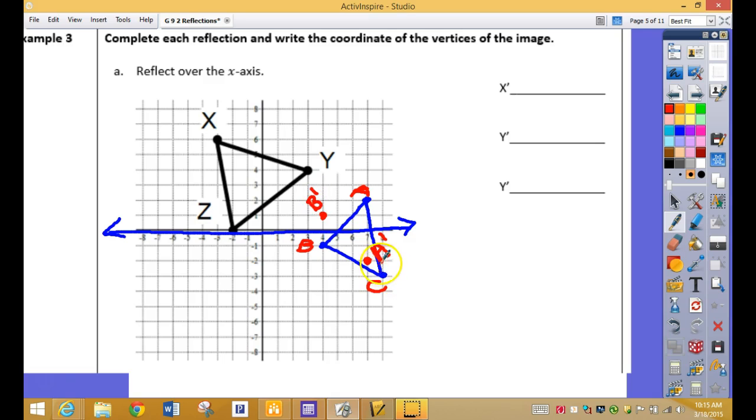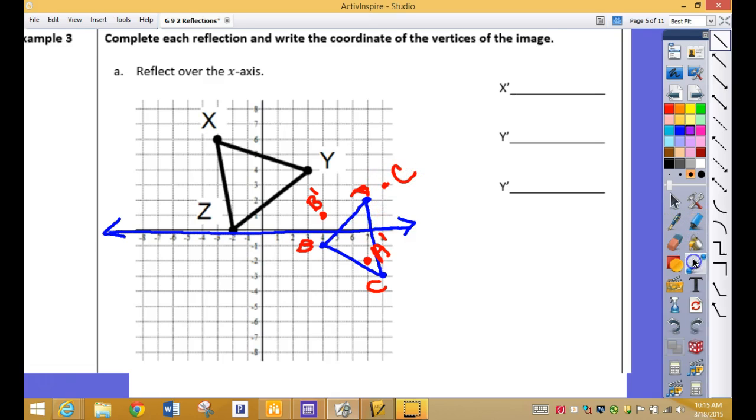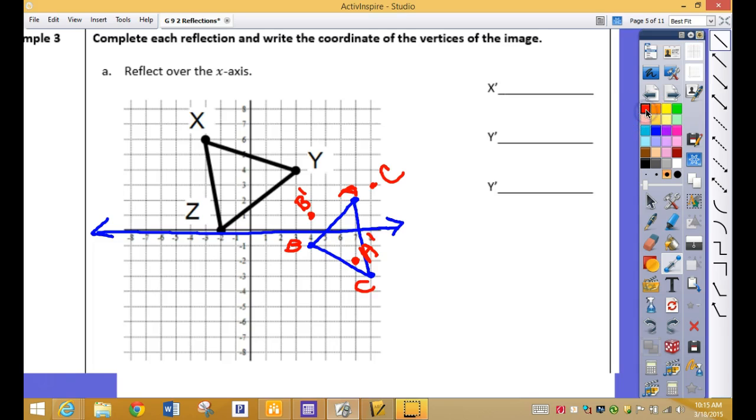And then C, 1, 2, 3, 1, 2, 3. Here's my C prime. So it would look like this. Oh yes, thank you. Where'd my B prime go? Right there. And my A prime is here.